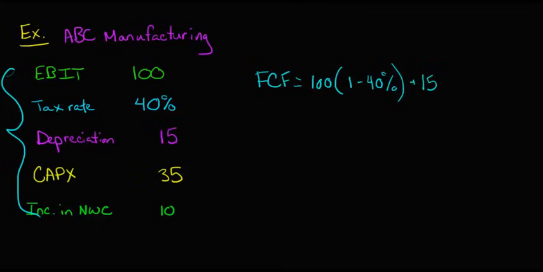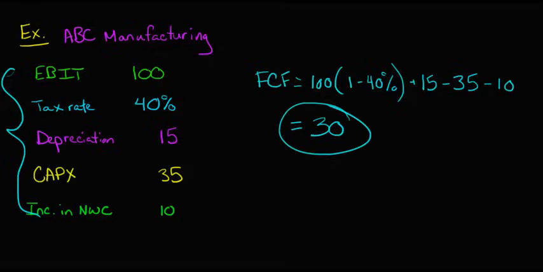And then we're going to subtract out the CapEx of 35, and then subtract the increase in net working capital of 10. If you calculate this out, what you're left with is free cash flow of 30. So that's the amount of cash flow to the firm after the firm's operations, but before considering any financing effects or financing decisions that the firm has made.